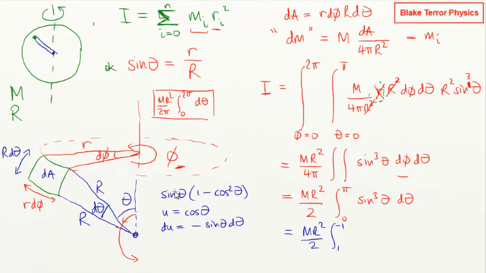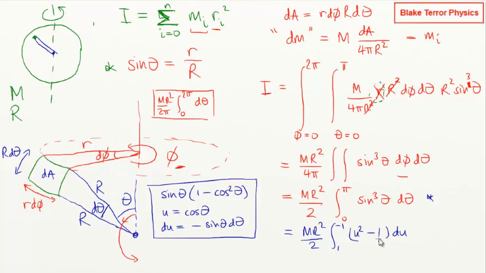So sine theta d theta is going to be a minus du. And then we've got 1 minus u squared times minus du. So we're going to have u squared minus 1 times du, just flipping the sign. So that's just plugging all of these bits into this integral in order to now integrate over u.